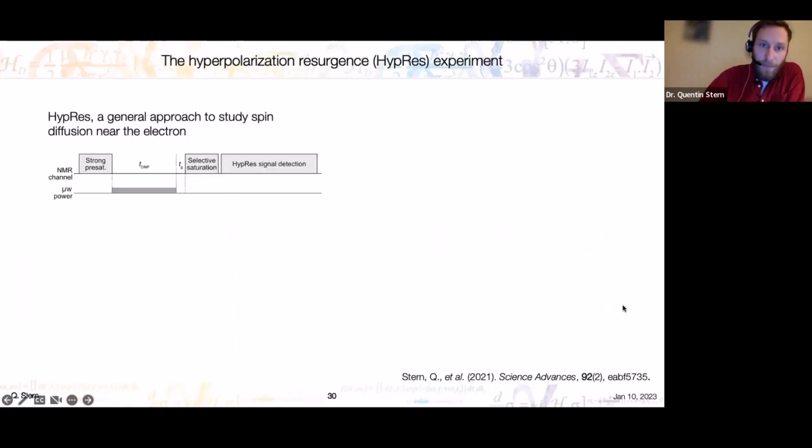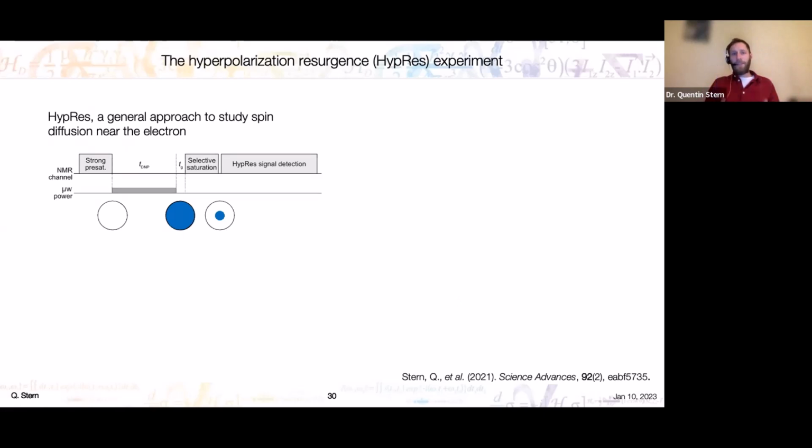So we introduced a method called the hyperpolarization resurgence experiment, which consists of first polarizing. You start with non-polarized nuclei, you polarize them homogeneously with DNP. Then you switch off the microwave and you saturate the spins.